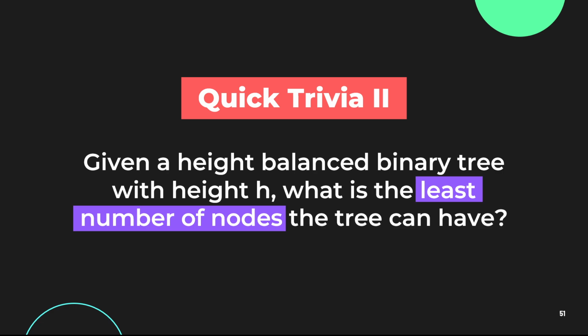7. Okay, if h is 3, why is it 7? Because height 0 has 1 node, and for height 1 you have 2 nodes. For every node, your left can have height h minus 1 and your right can have height h minus 2.